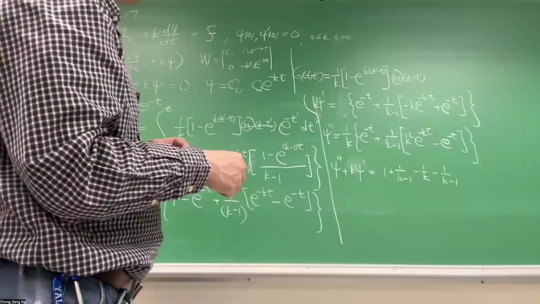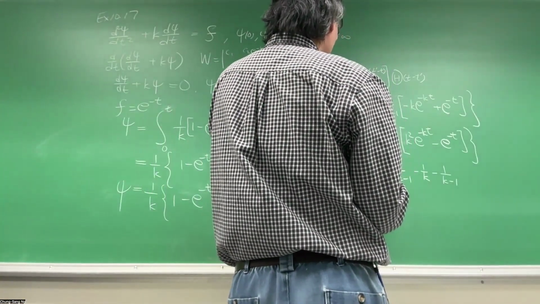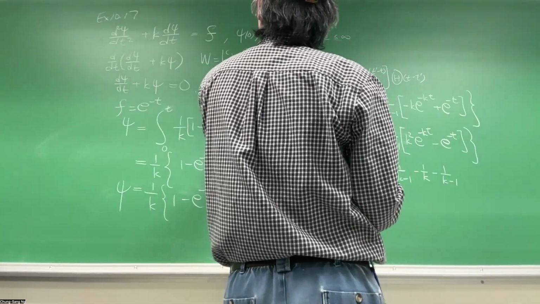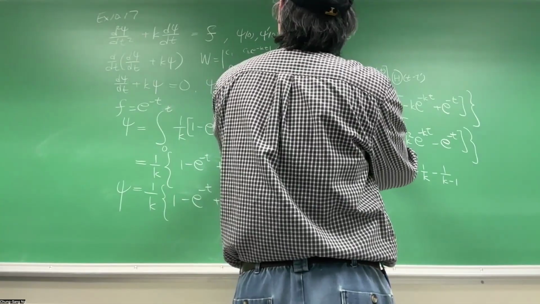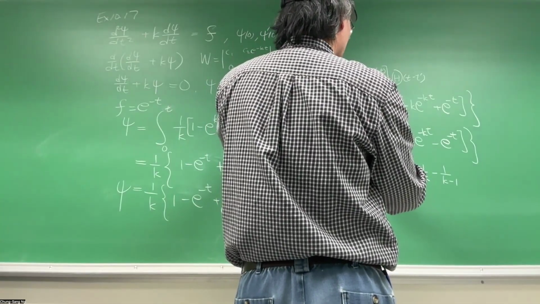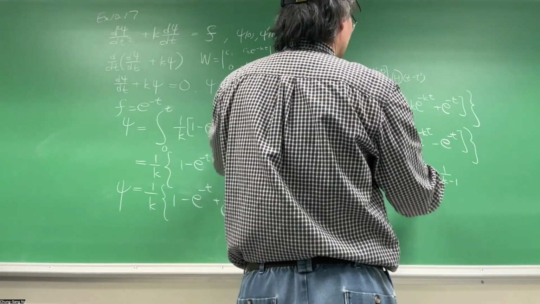That didn't cancel. I mean, e to the minus t supposedly is a solution, right? E to the minus t is not a solution. Minus kt is a solution.